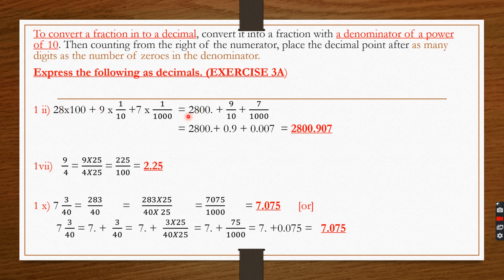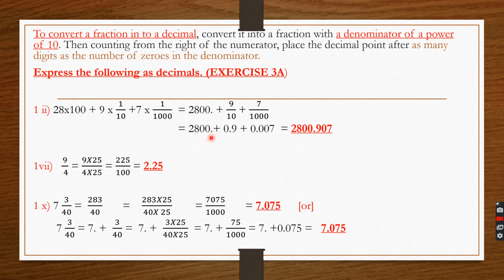In this case, this is an expanded form of a decimal number. 2 into 1000, that is 2000, plus 8 into 100, that is 800, plus wherever it is coming, the next number, the decimal part starts from here. 9 into 1 by 10 will become 9 by 10. 7 into 1 by 1000 will become 7 by 1000.